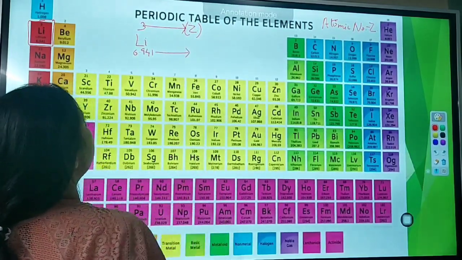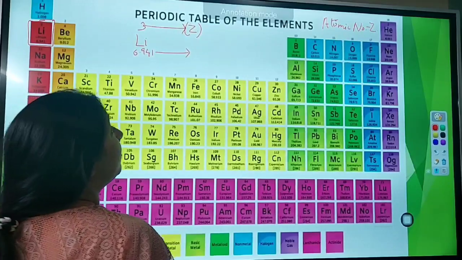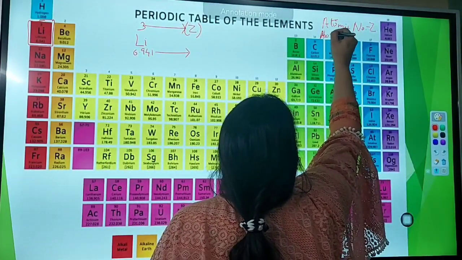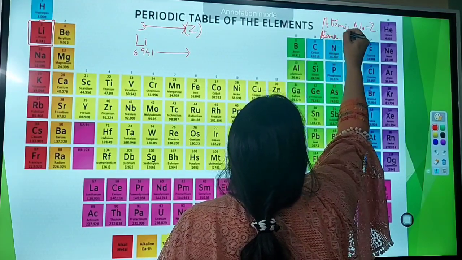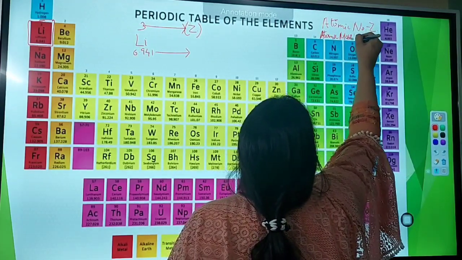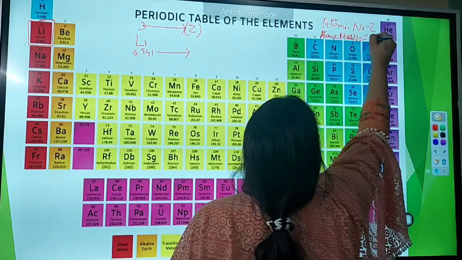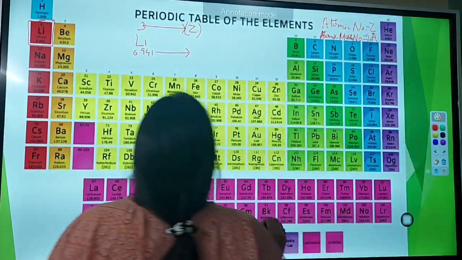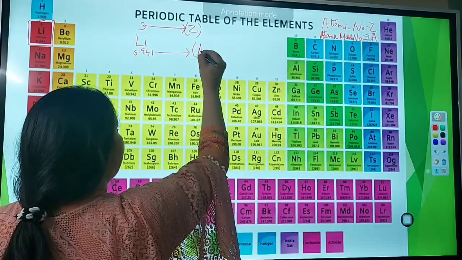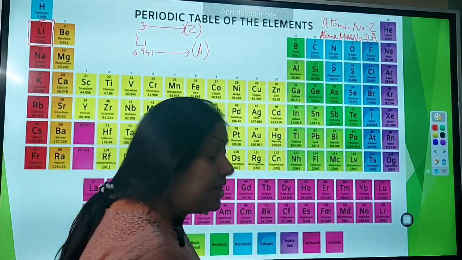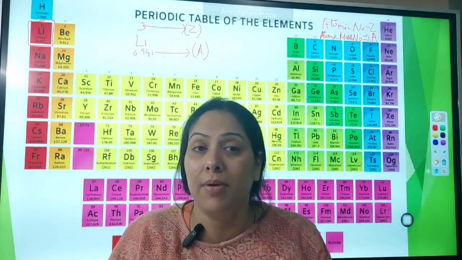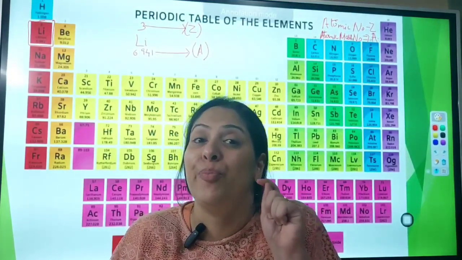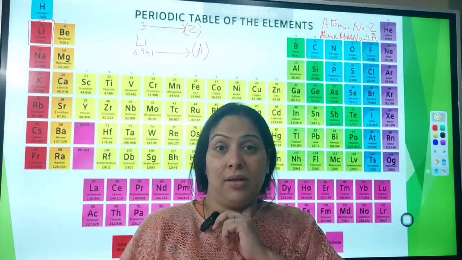So then what is this number? This number is the atomic mass number, denoted by the letter A. As the name suggests, atomic mass number. Mass simply means the number of particles.